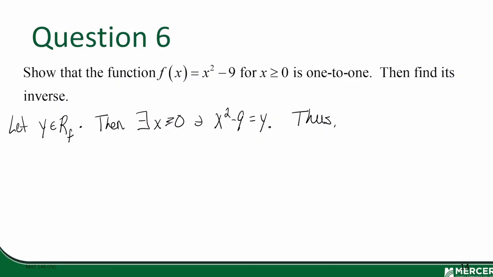Thus, x squared would be y plus 9. The absolute value of x would be the square root of y plus 9, taking the square root of both sides.